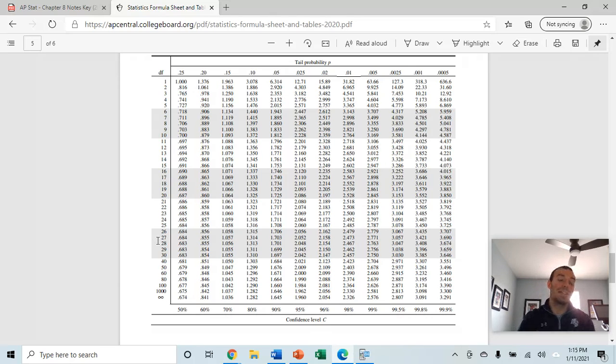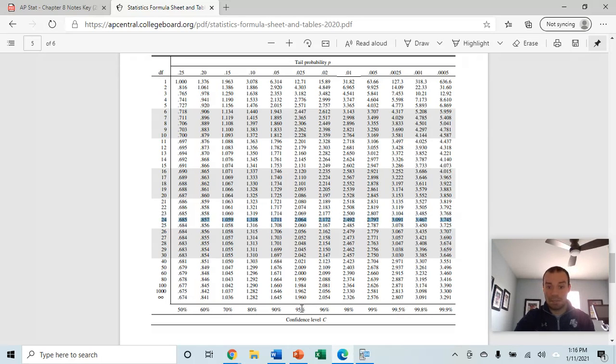For example, say we wanted to find the t critical value given a sample size of 25 and 95% confidence. If my sample size is 25, my degrees of freedom is going to be one less than that. I'd be in the 24 row, right here.